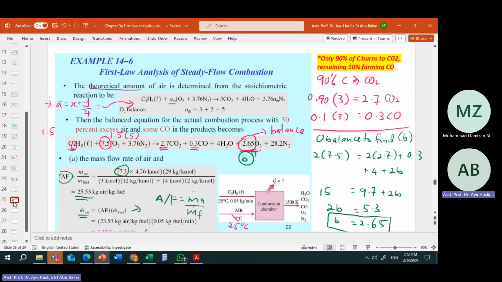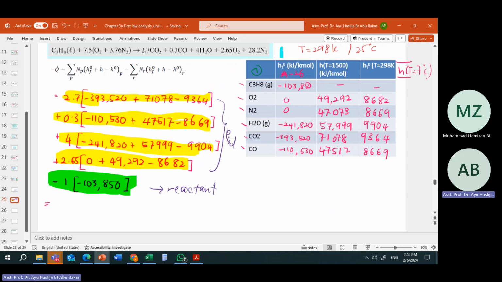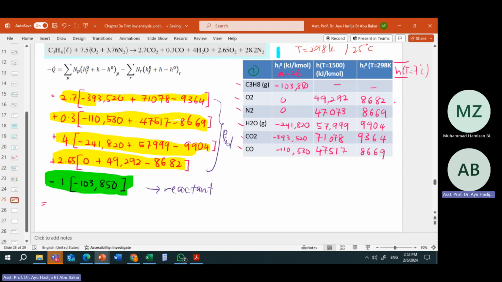Kalau let's say at 7 degrees C tu, so dekat sini tadi, you have extra table H at T equals to 7, untuk reactant je. Untuk O2 dengan N2, akan ada value lah kat sini.